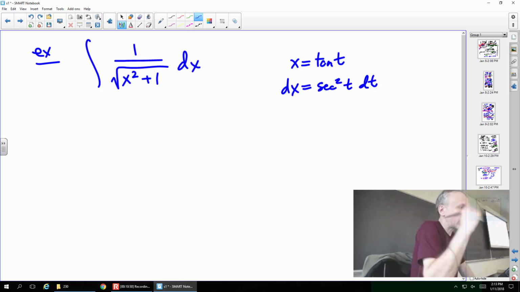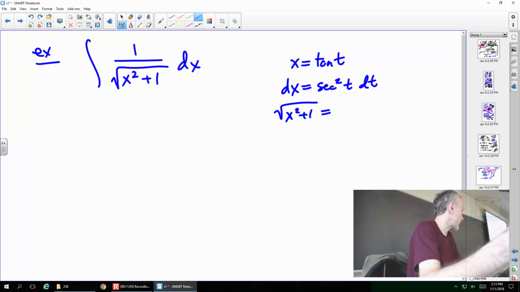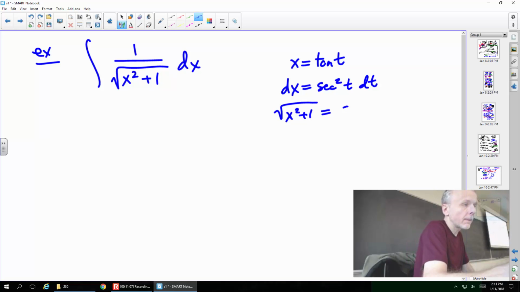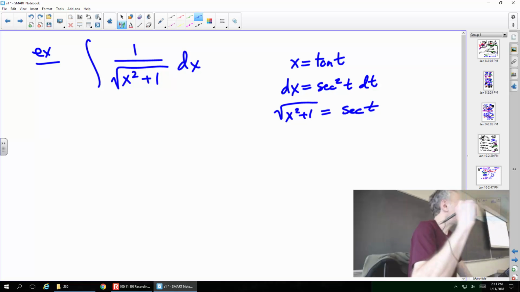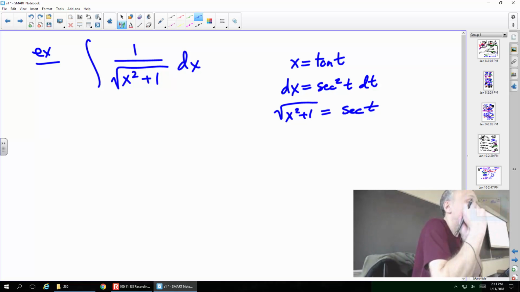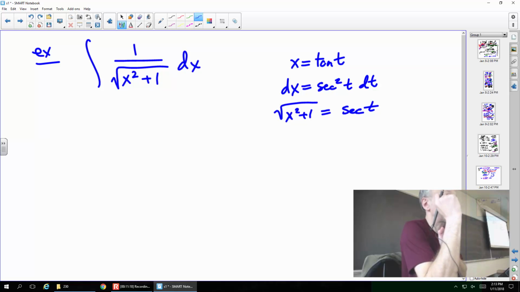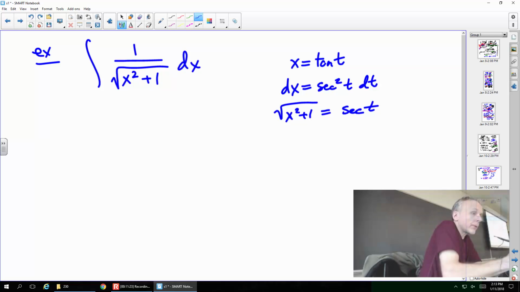Okay, and then thirdly, let's look ahead and figure out what x squared plus 1 is. We also did that yesterday. We used the formula from trigonometry, which gave us secant. Right? So that's the idea of a simplification. Now if we take these three, in fact, the last two only matter.